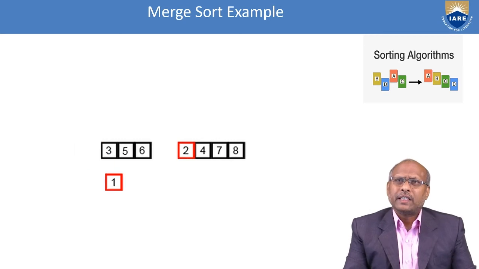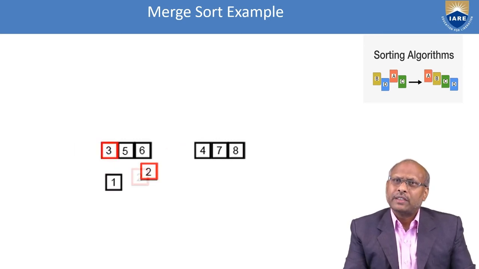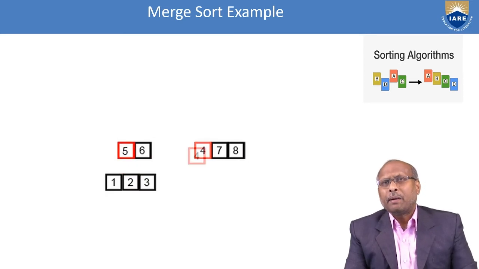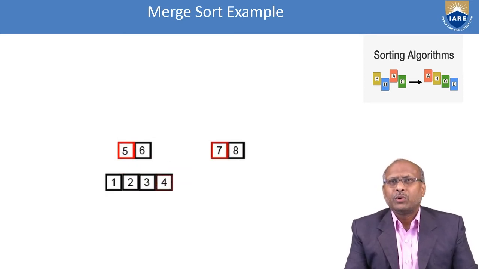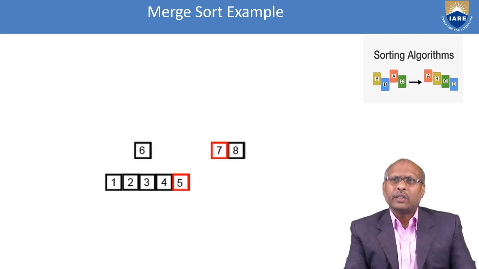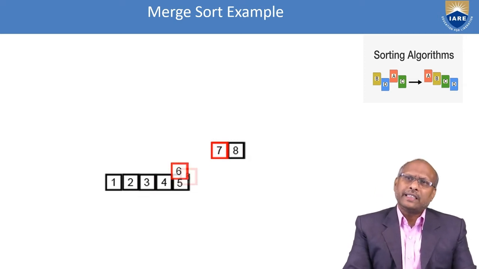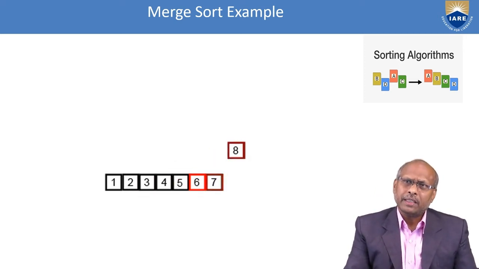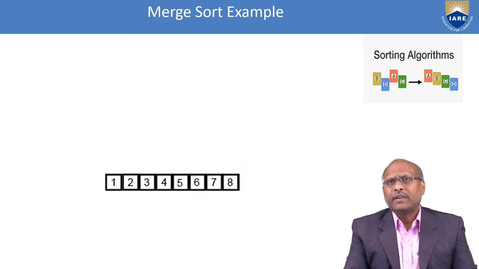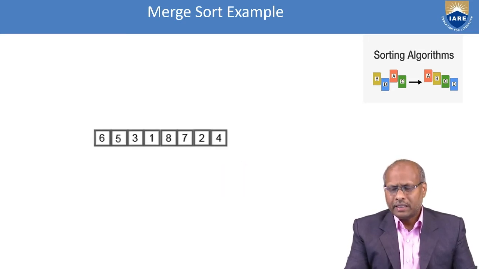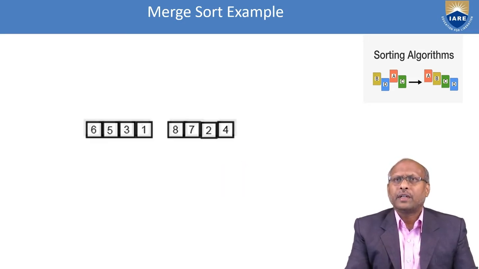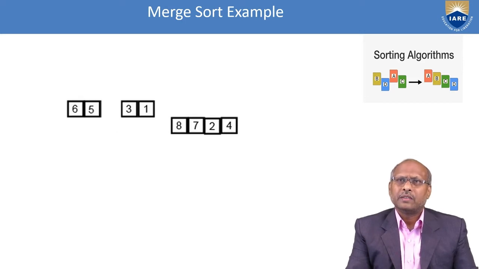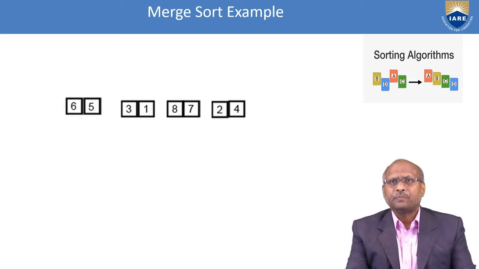So 1 comes first, then 2 comes from this part, and then 3 comes from this part, because every time it compares the values from both halves. Whichever is smaller comes first. So 1, 2, 3, 4, 5. Then 6 has come. Then 7, and then 8. Finally, this is the way this algorithm works. Fine, so you can see and observe here.